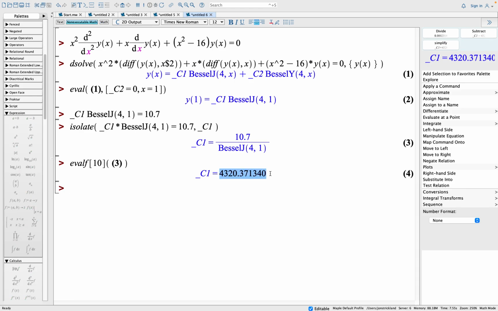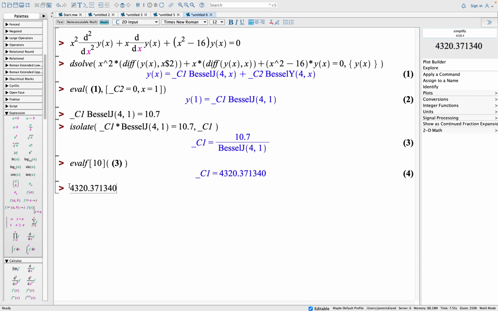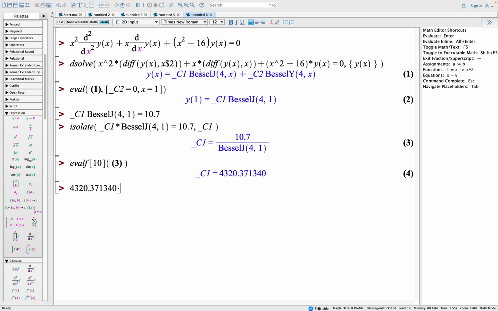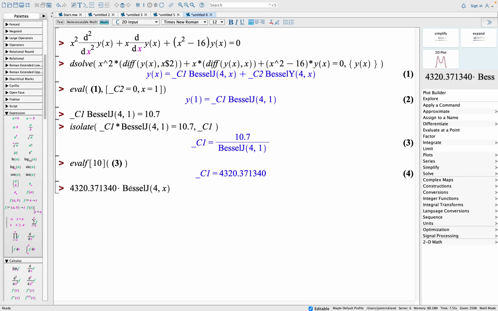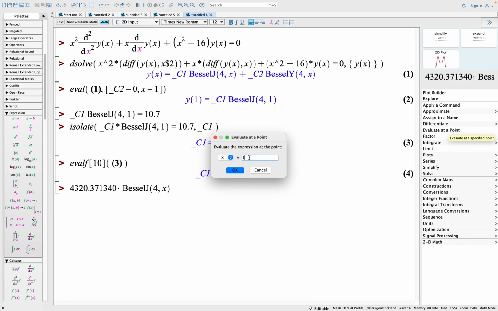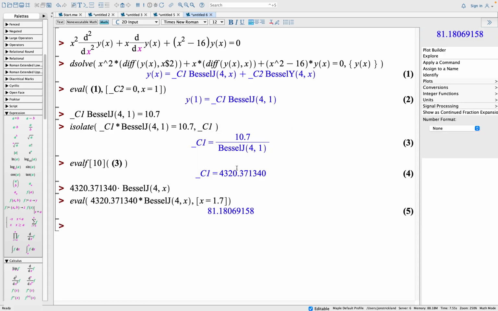Carrying over what we have here, we got C of 1 with this value, and if I multiply by the Bessel from what we had in the general solution and carry out with x at 1.7, this will come out to 81.18 roughly.